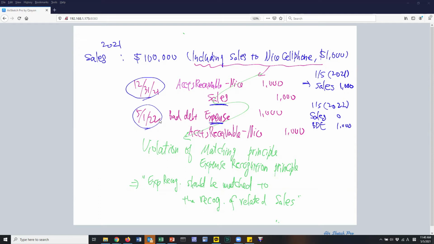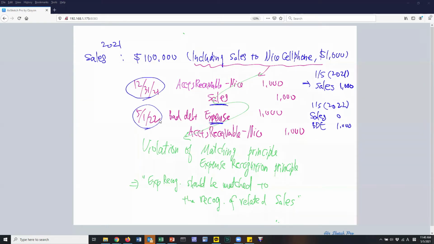Then investors may think that at the end of 2021, Sean is making sales this much. And then investors think, oh, the business is booming, right? We need to make more investment for Sean and the like, right? Or the banks may think, oh, we can lend more money to Sean, right? But 1 year later, Sean is saying to the investors, oh, guys, I'm planning to cancel the sales.